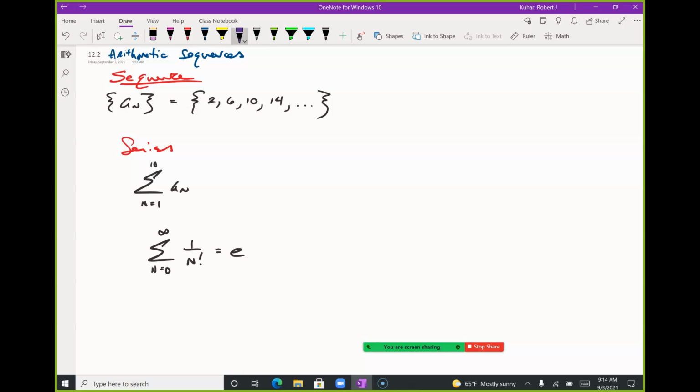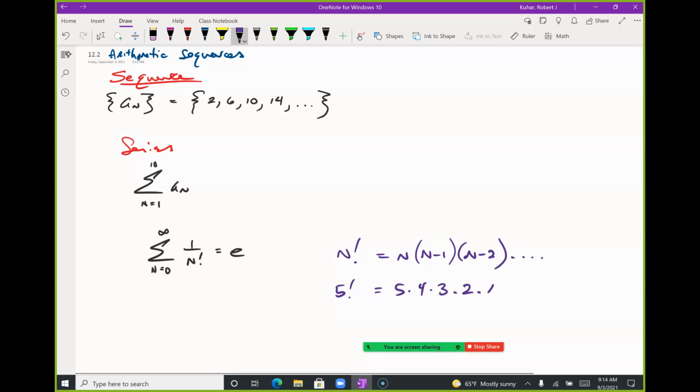Does anyone know what n factorial stands for? It's n times n minus 1 times n minus 2 times dot, dot, dot. So 5 factorial is 5 times 4 times 3 times 2 times 1, and 0 factorial is 1, defined.